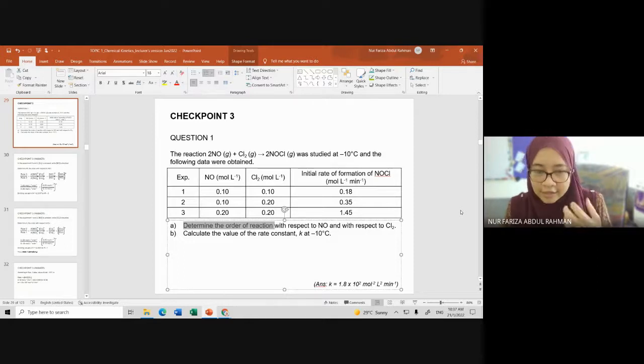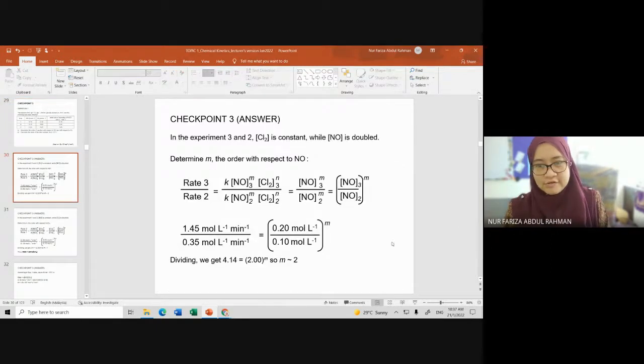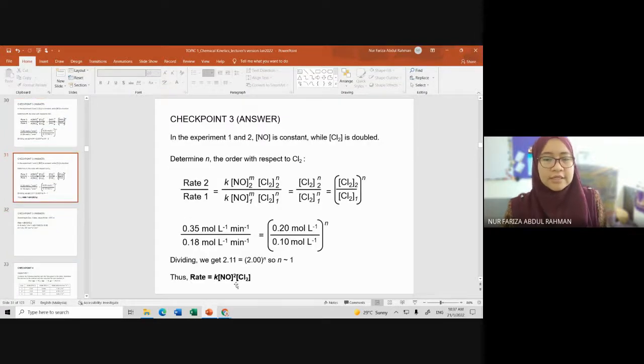Ada juga soalan boleh tanya write the rate law. So understood, kalau dia suruh write the rate law, bukan dia nak general rate law tu, you must determine the order of the reaction. That one is counted as the rate law. Okay, alright. So this is the final rate law. Rate is equal to this.